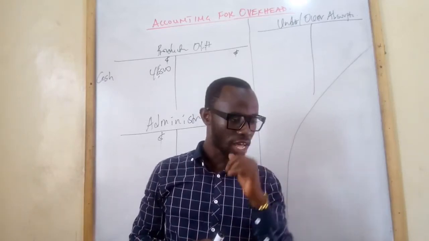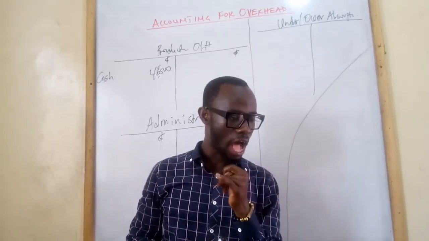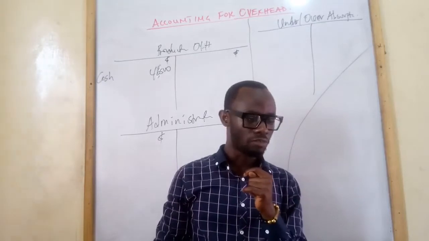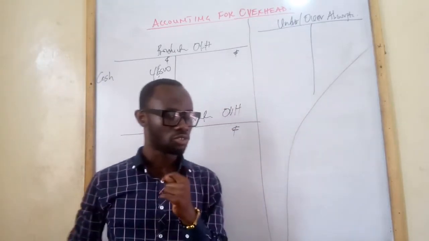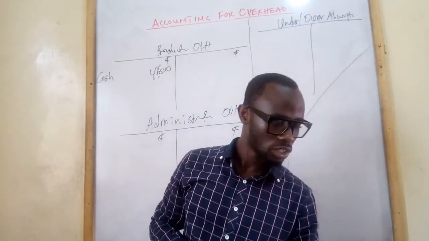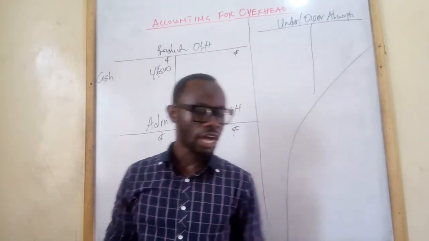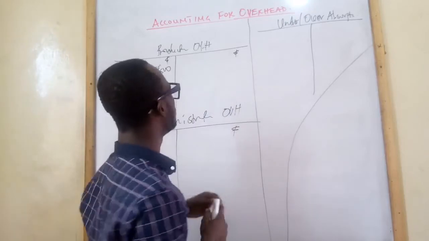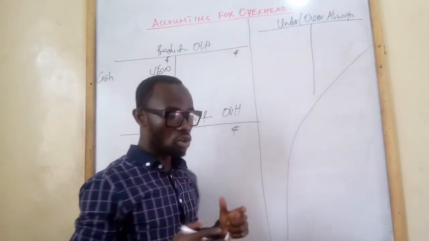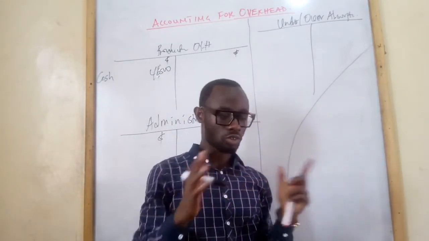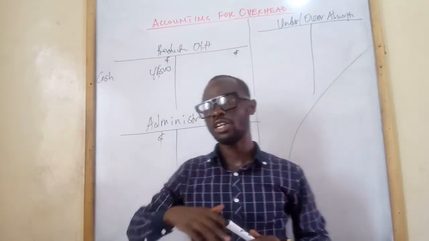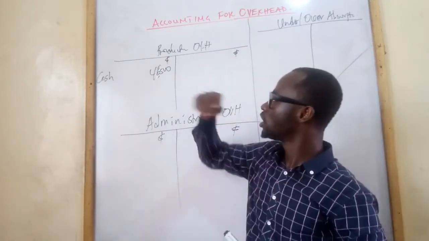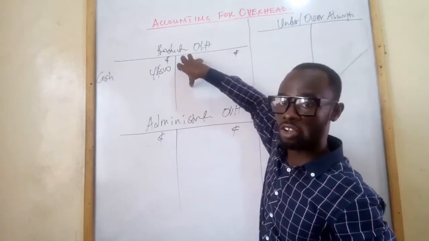Then we were also told, so let's go up, that production overheads are absorbed at a rate of $0.5 per unit and administration overheads are absorbed at 0.2. So to look at the overhead absorption rate in relation to the production overheads, it's going to go to the work in progress. So we're going to debit the work in progress account, then we're going to credit the production overheads account.